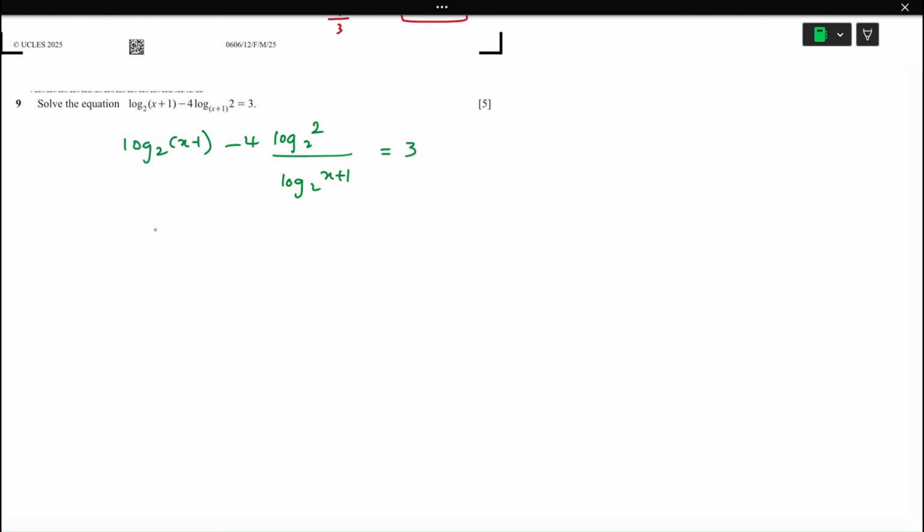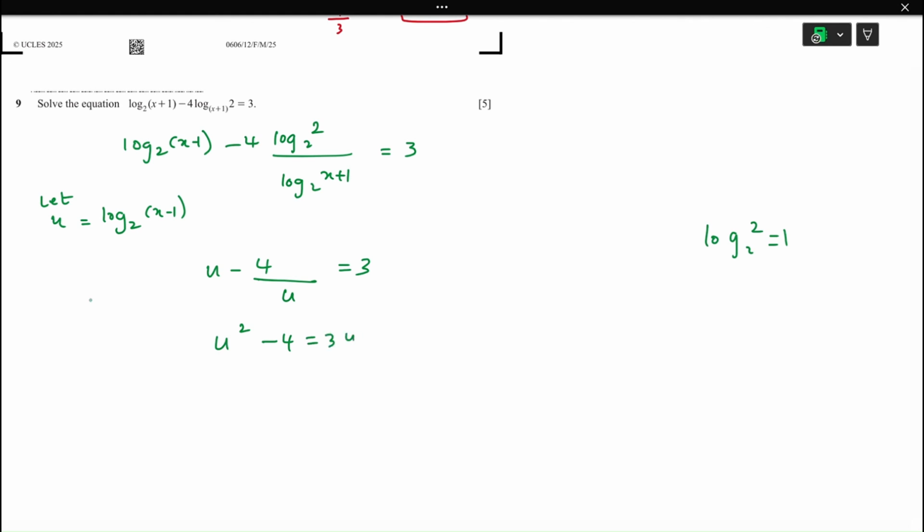Okay, so next step I'm going to do substitution. Let u equal to log 2 of x plus 1. Next I'll substitute here: u minus 4 over u, because log 2 of 2 becomes 1, equal to 3. Now taking LCM, u square minus 4 equal to 3u.